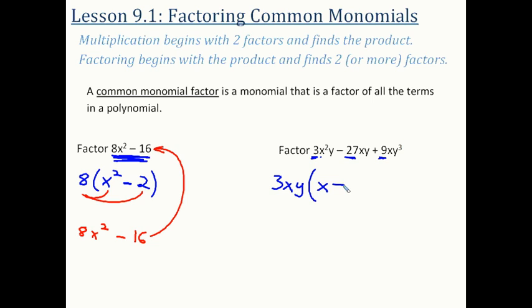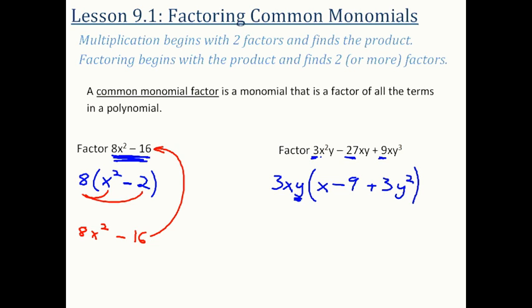I just need a 9, because 9 times 3 is 27, and we already have the x and y. Then plus, and 3xy times what gives me 9xy cubed? 3 times 3 gives me the 9, so I need a 3 here. I have an x, and I have a y, but I have a y cubed here, so I need y squared.